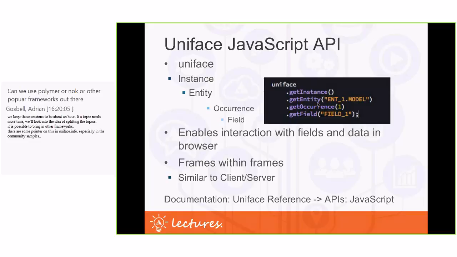So it has the concept of instances, entities, occurrences, and fields. Okay. So you can get an instance by using the getInstance command of the Uniface object, so uniface.getInstance. You can then navigate through to the base entities which are painted in the DSP component.